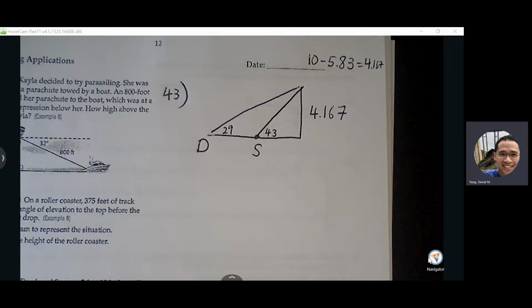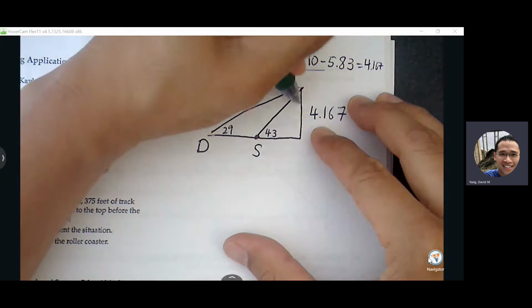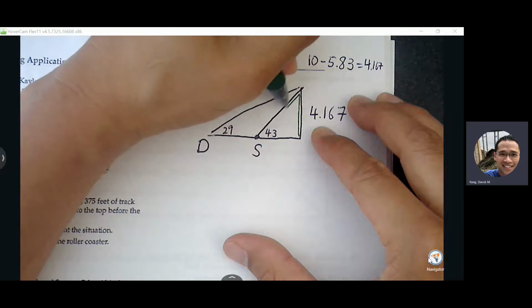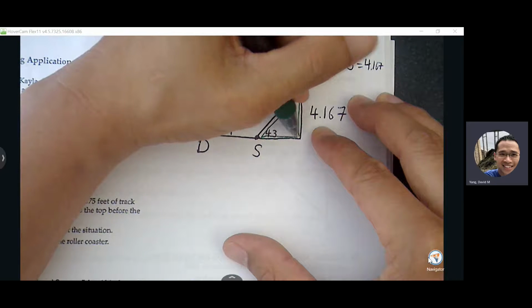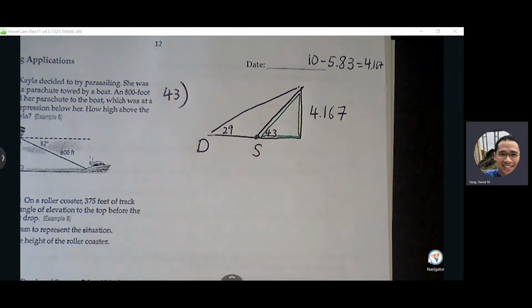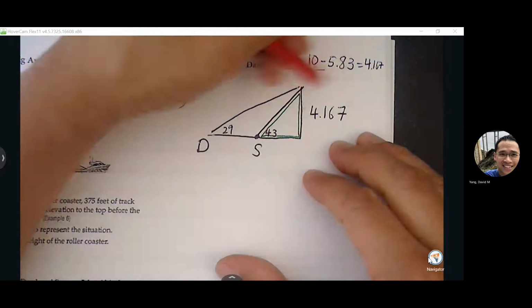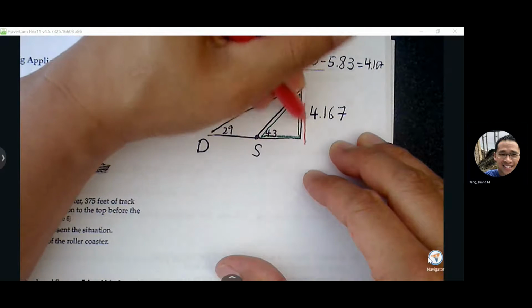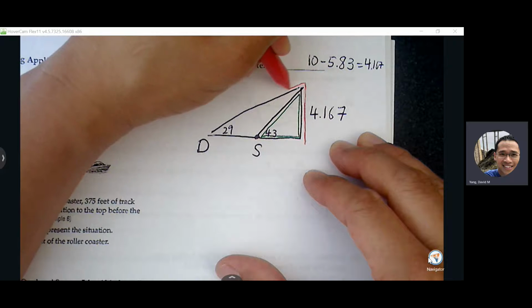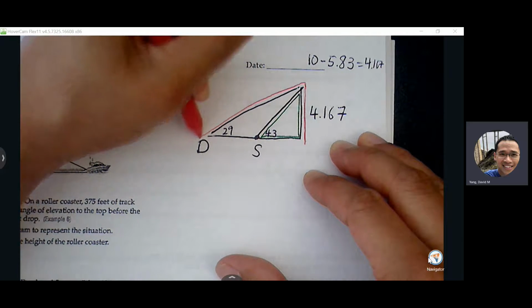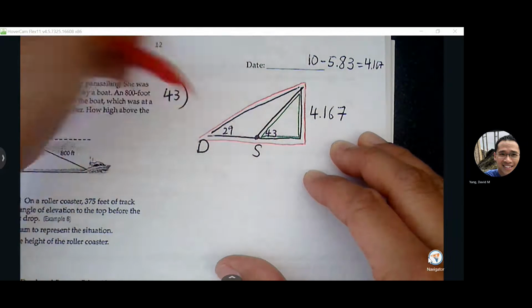But before we do that, let's pretend like we have two separate right triangles. Okay. So let's draw two diagrams here. One triangle is going to be involving Sam and the 43 degrees. And then the other triangle is going to involve Derek without Sam's information.